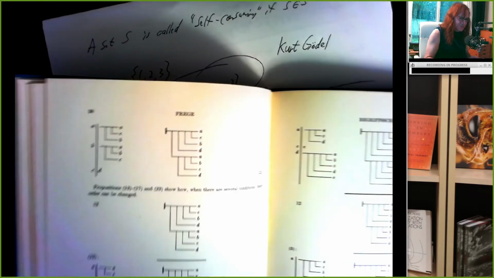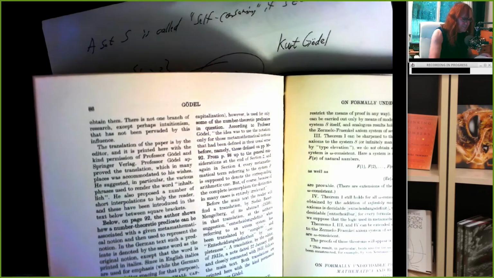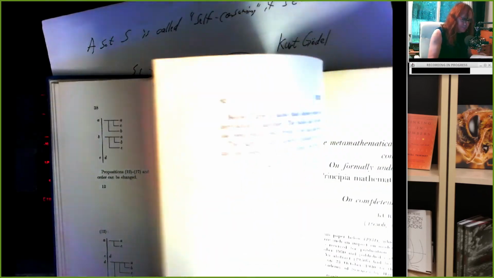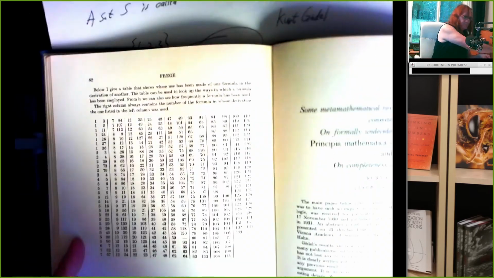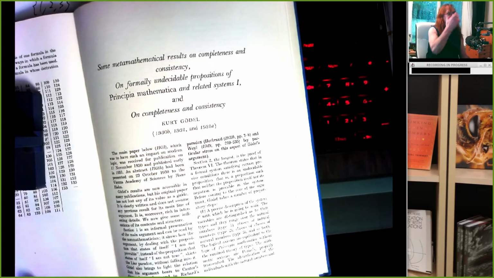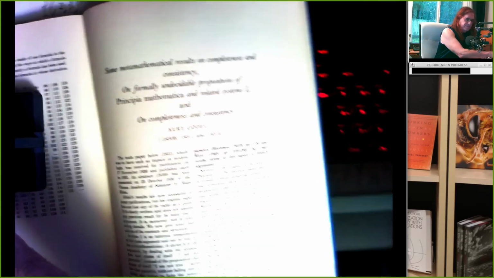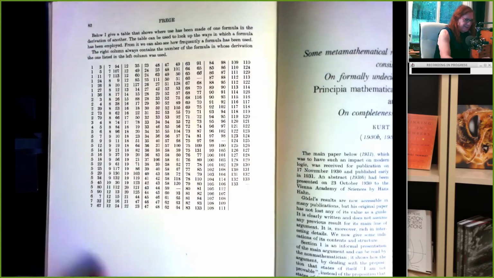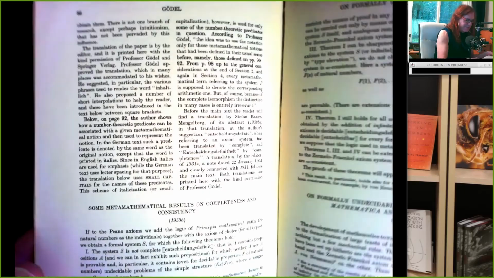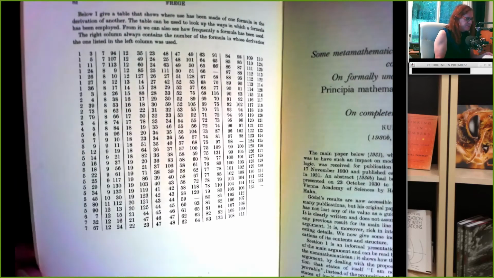This is actually a two-volume set. So this is on formally undecidable propositions of Principia Mathematica and related systems. And it's not that long a proof. It's pretty intense to try to understand it, but it's doable. It's on my list.